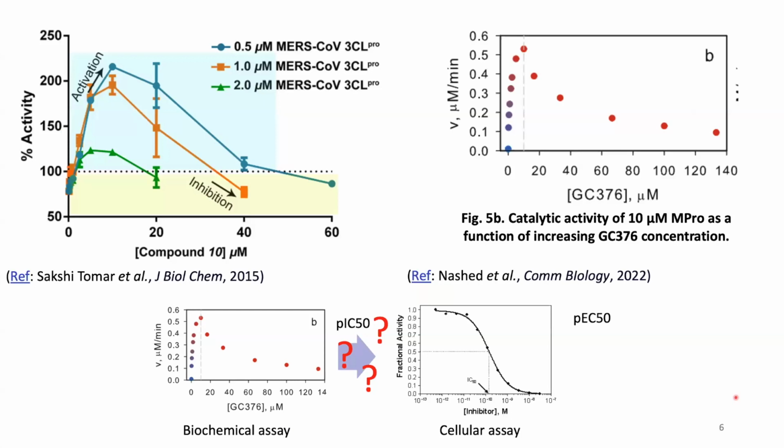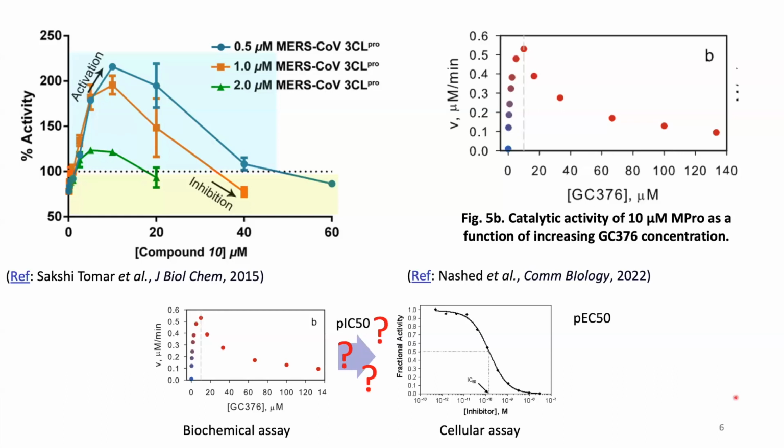However, it's been observed that with the MERS coronavirus, this type of behavior is not always observed. What happens is, as small amounts of compound are added, there's actually an activation phase where the activity of the main protease will increase prior to decreasing with the addition of more inhibitor.